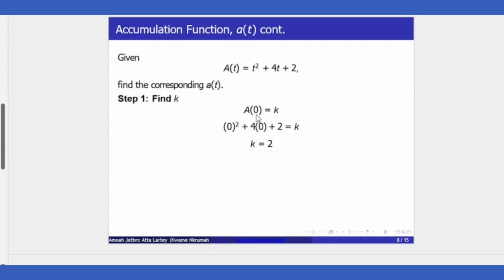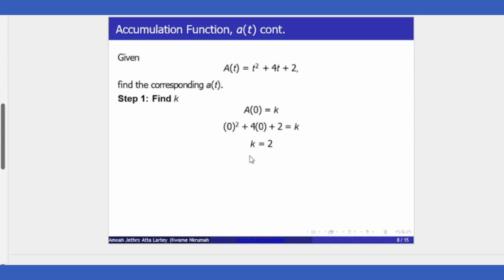The amount we invested, which is k, right? To find the amount we invested, we substitute 0 into the amount function, and that's what we did here. And then we realize that the amount we invested, k, is equal to 2.